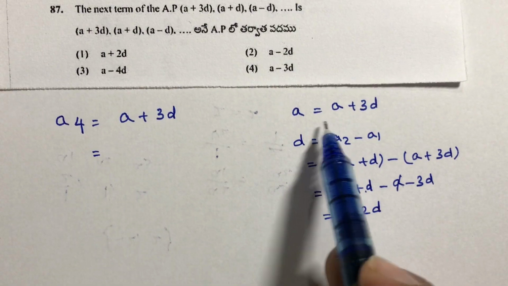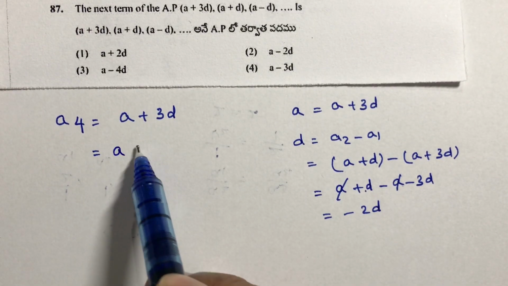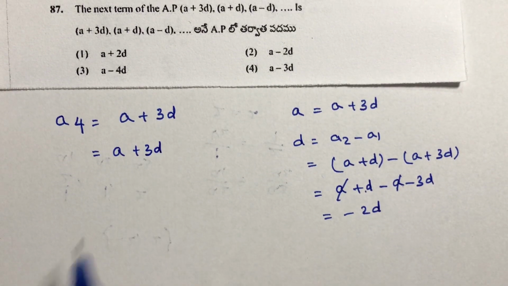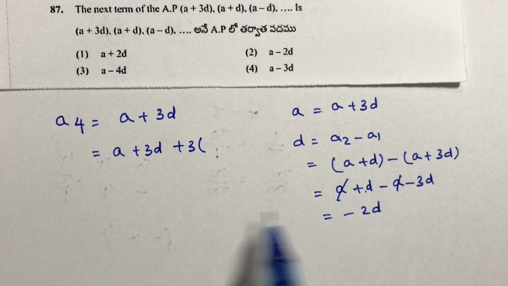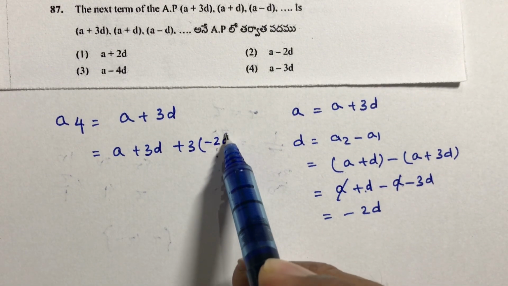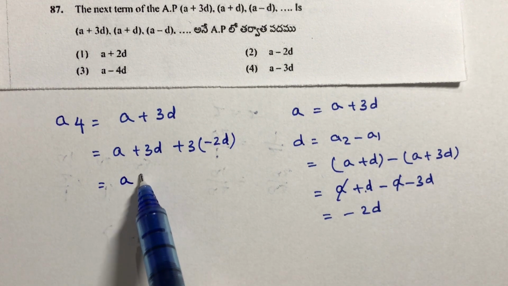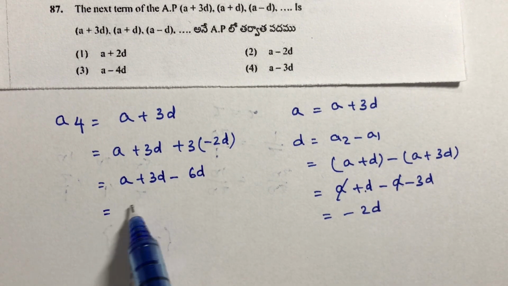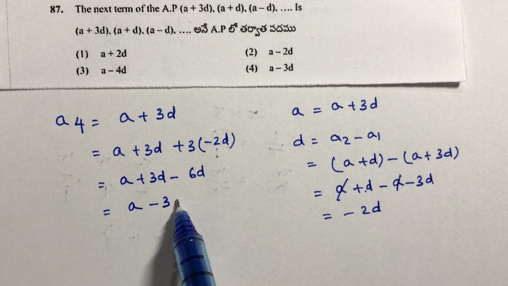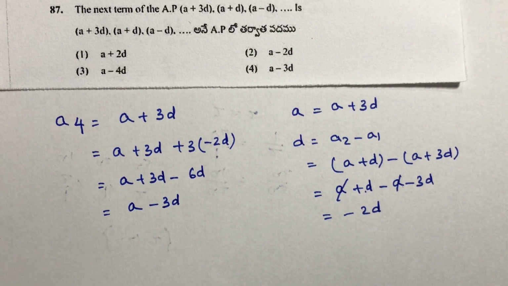Substitute here. A value is A plus 3D. Next, plus 3 into D, D is minus 2D. So A plus 3D minus 6D, that is nothing but A minus 3D. So the correct option is 4.